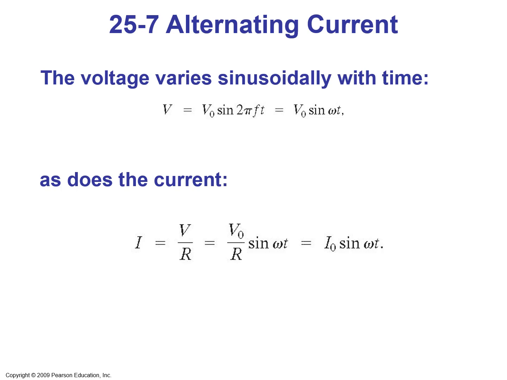F is the frequency, and 2 pi f becomes angular frequency omega. V naught sine omega t, as does the current. And we say I is equal to voltage over R, and if voltage is sinusoidally alternating, so does the current. So we say I is equal to I naught sine omega t.